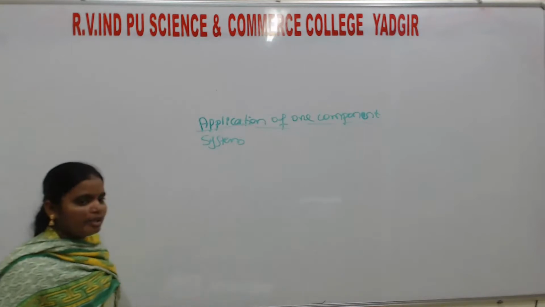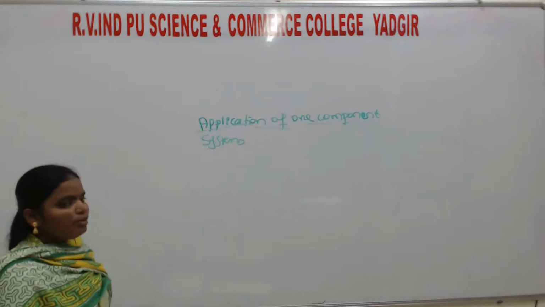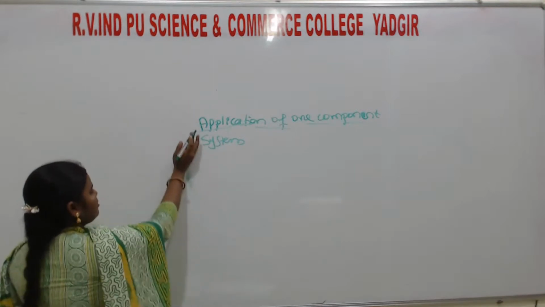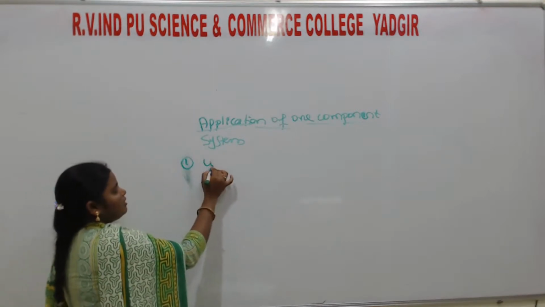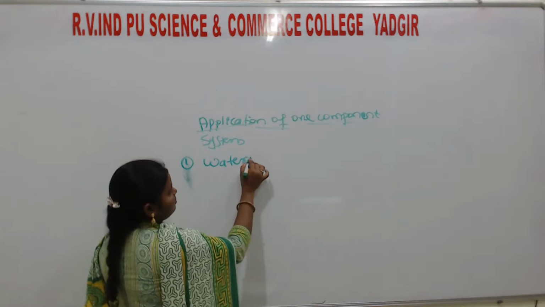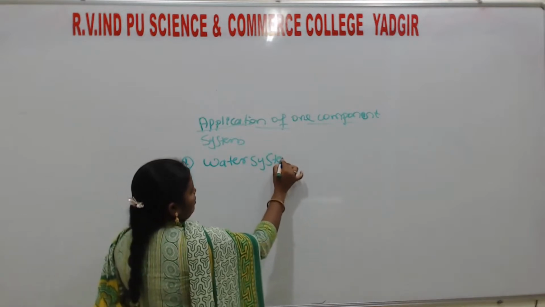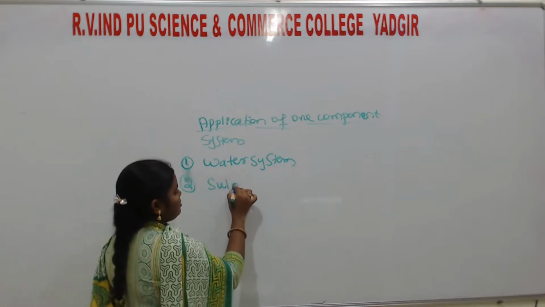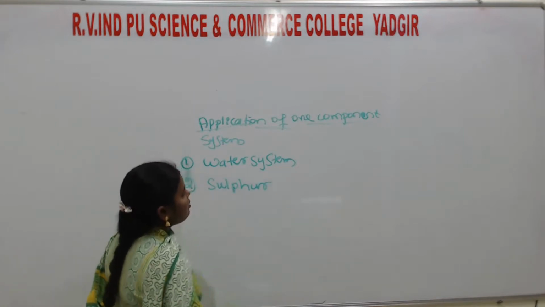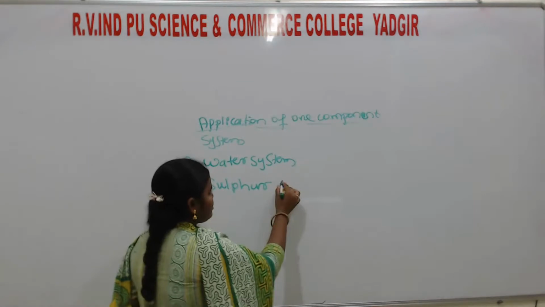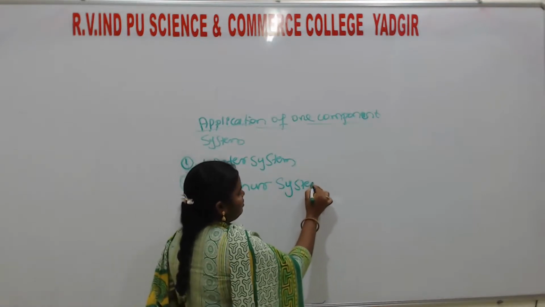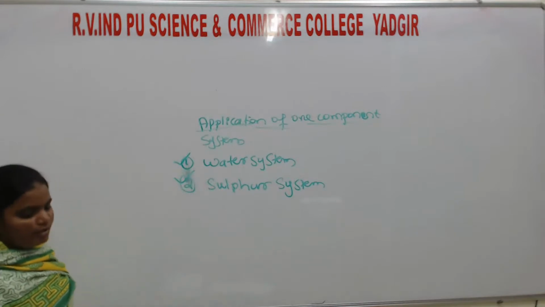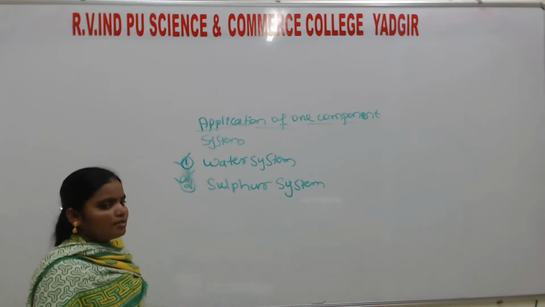In this one component system there are only two applications: one is the water system and the other is the sulfur system. In your syllabus, only the water system and sulfur system. These two are very important for 5 to 6 marks.